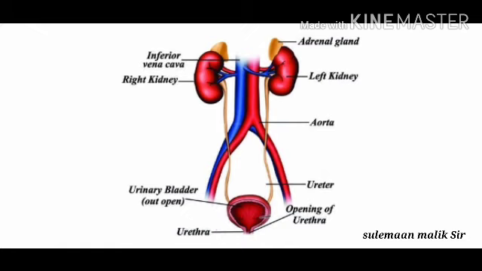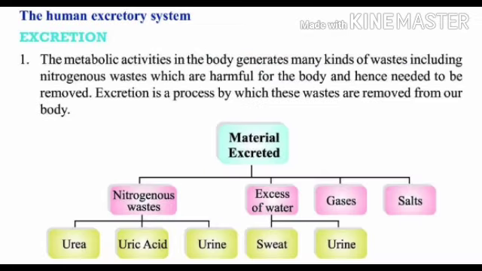In the next slide we have the human excretory system. In this human excretory system, we have different terms. After that diagram, you will have to give the next heading, human excretory system, in capital letters and underline it as shown in the notes on the slide.